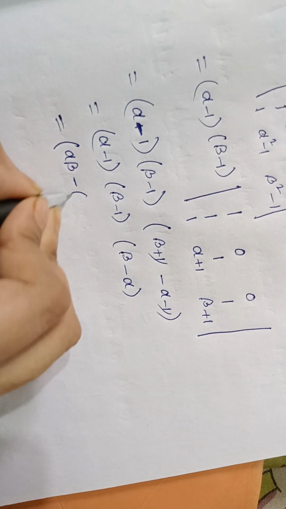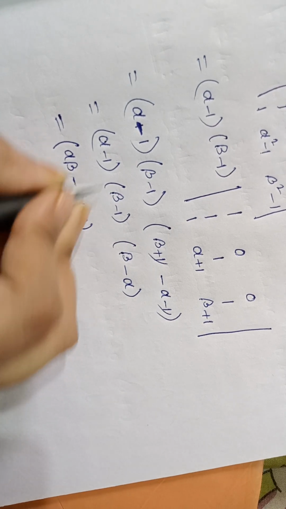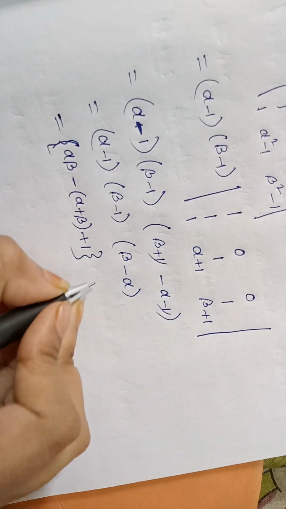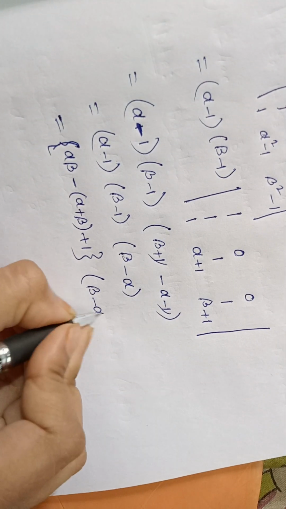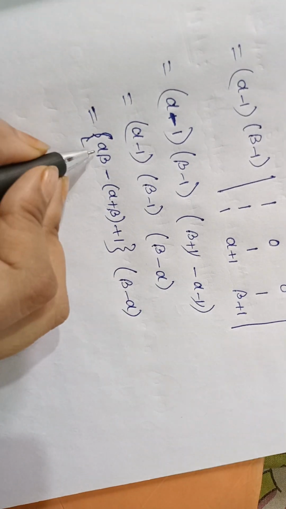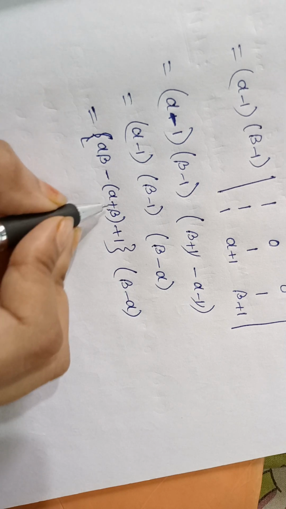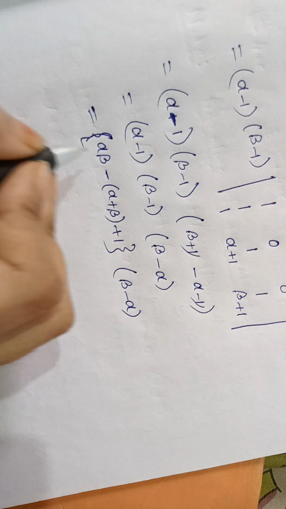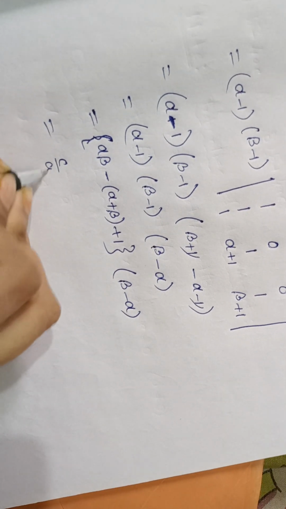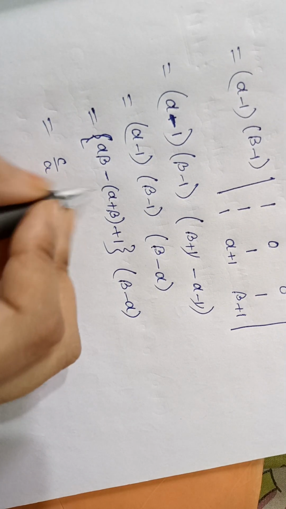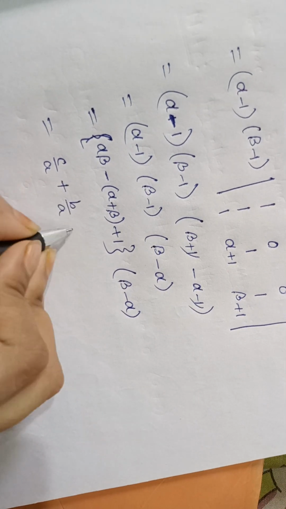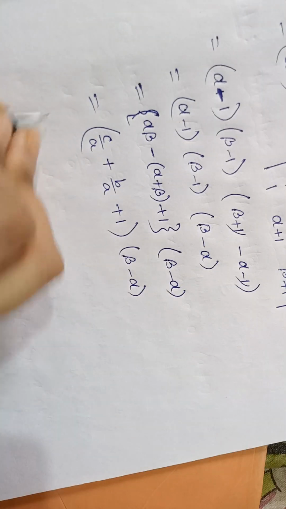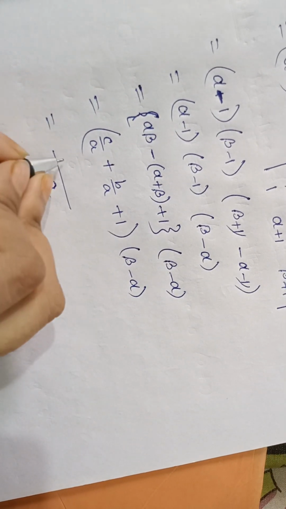If we take common minus, then we get alpha plus beta, and minus 1 will be plus 1, beta minus alpha. Now we can put the sum of two roots value, that is minus b by a, and the product of two roots value, that is c by a. So it will be c by a minus b by a, minus minus it will be plus b by a, plus 1 beta minus alpha.